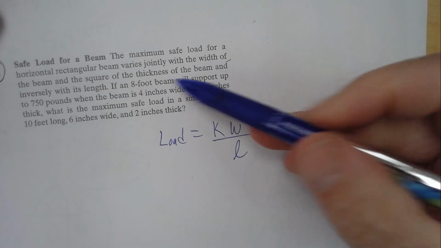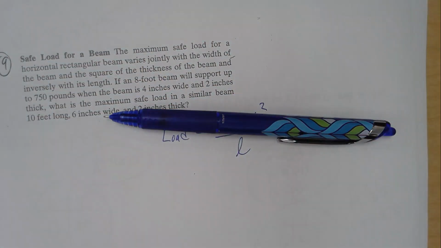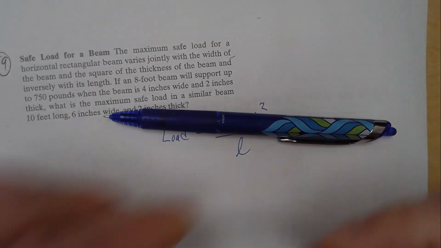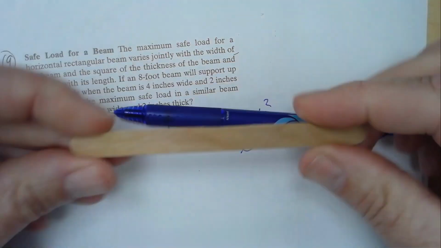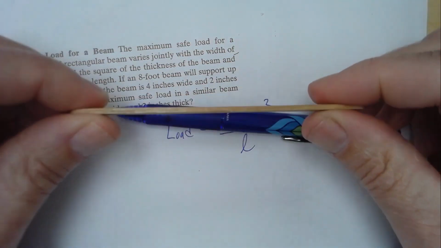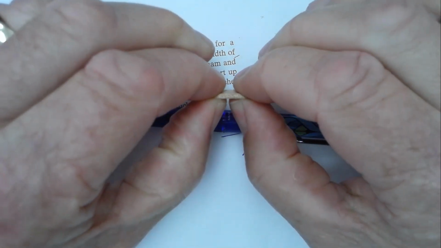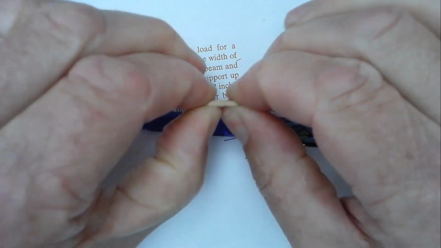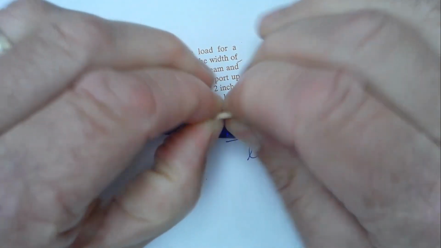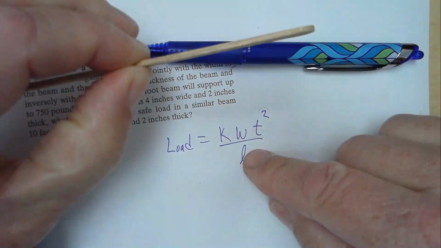That makes sense, because if you have a short beam, let's see, I have a popsicle stick here. I'm not going to make the popsicle stick shorter or longer, but I could represent that by putting my fingers close together. So if the beam is really short, then it's hard to bend, right? It's not going to bend when it's short. So the length has to do with it.